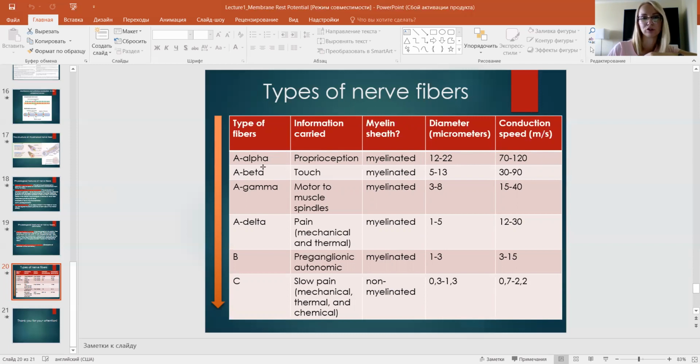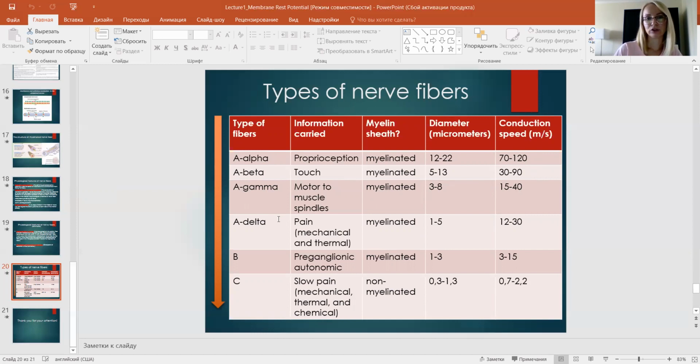A beta is responsible for carrying touch information. It is also myelinated, diameter from 5 to 13, conduction speed 30 to 90. A gamma is responsible for carrying motor information to muscle spindles. It has a myelin sheath, diameter from 3 to 8, and conduction speed from 15 to 40.